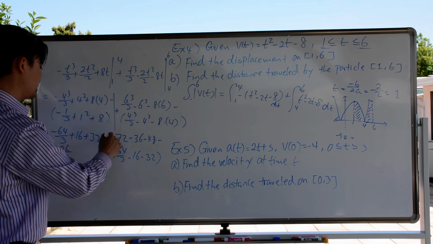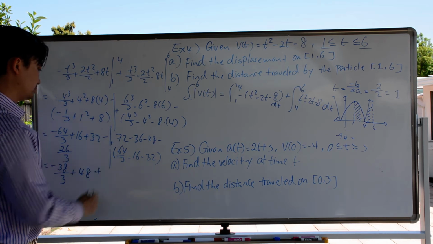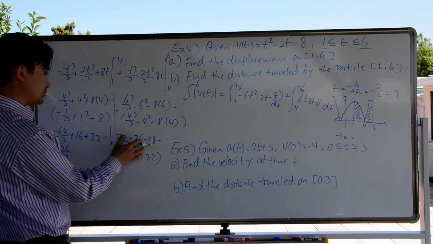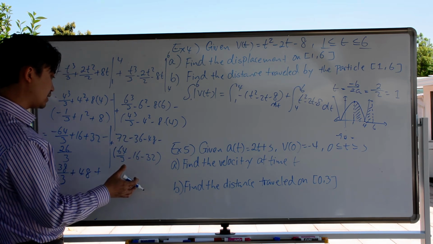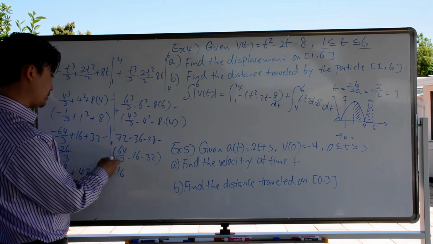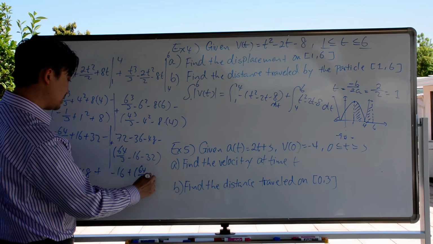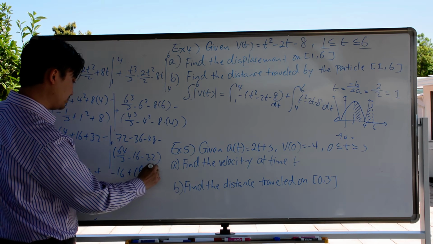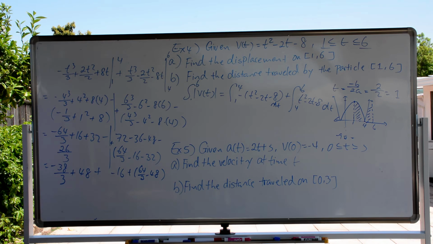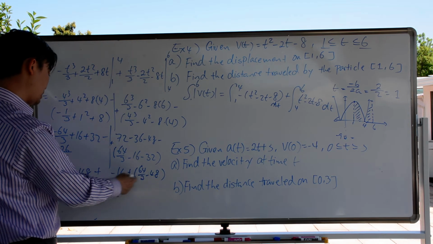Again, this one eventually we're going to combine all together. Plus. So 36 minus 48, negative 16. And then 64 over 3 minus 48. So it looks like we do have 96 right here, negative, negative, positive.